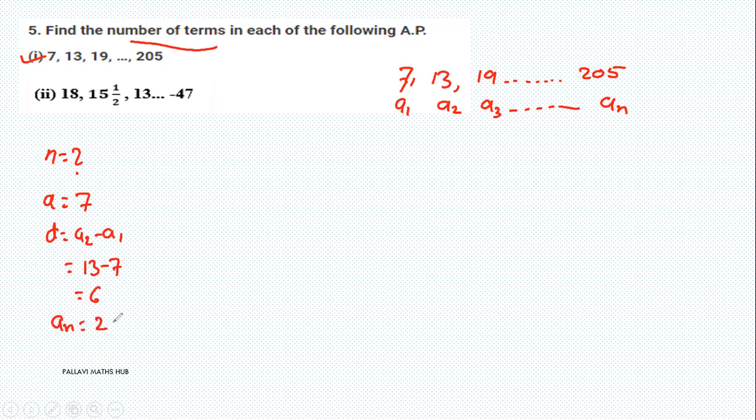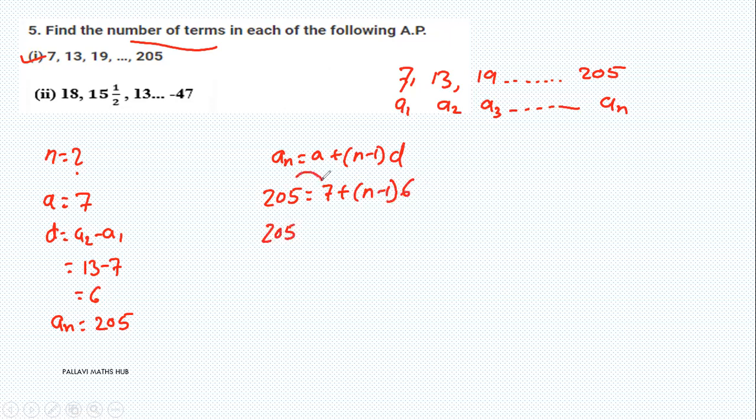AN is equal to 205. Now find the value of n. We know the formula AN is equal to A plus N minus 1 into D. AN is 205 is equal to the value of A, which is 7, plus N minus 1 into D, which is 6.